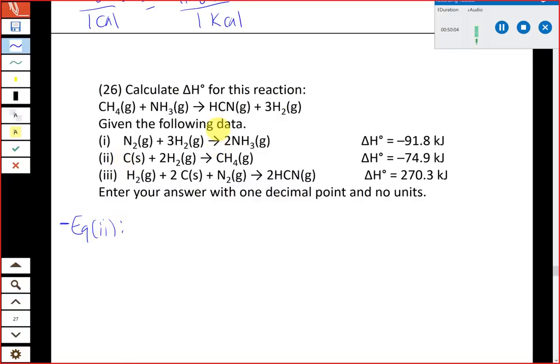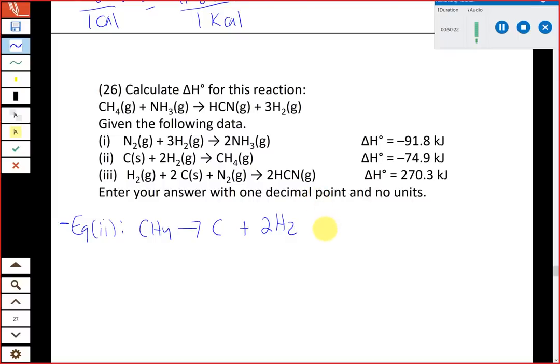We can do these in any order, but I'm just going to go from reactants to products in the overall equation. So if we flip equation 2, we get CH4 goes to C plus 2H2. I'll leave out the states of matter, since those aren't going to be terribly important in this case for balancing.